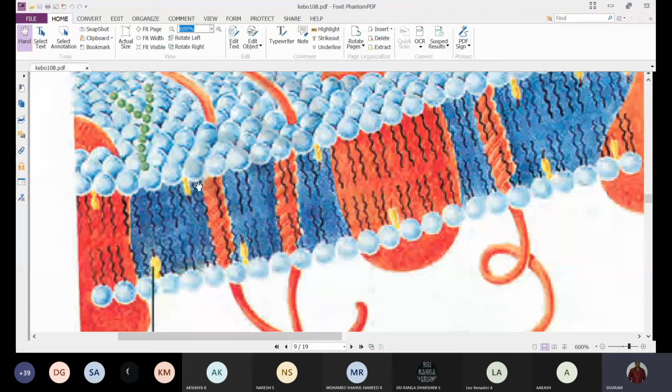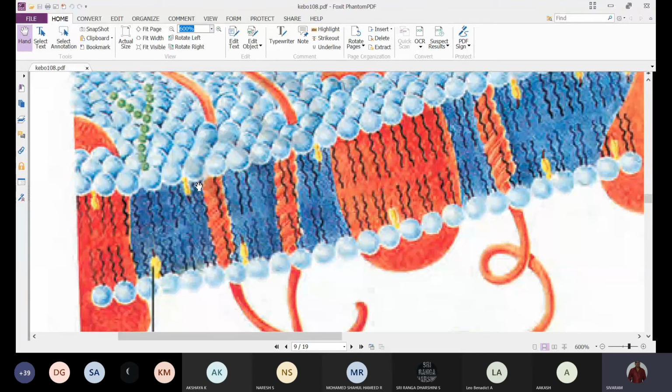That means the lipid molecules are arranged in two layers, one layer towards the environment and one layer towards the cytoplasm of the cell. The hydrophilic heads are present towards the outer region, whereas the hydrophobic tails of both phospholipids are present towards the inner side.